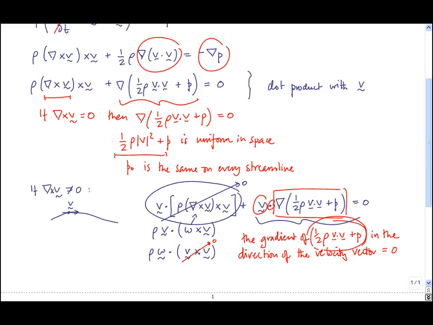So that's why you can always apply Bernoulli along streamlines even when curl of v is not equal to 0. Of course, this only works in inviscid flow. In viscous flow, you can't apply Bernoulli because you lose mechanical energy through the action of viscosity.